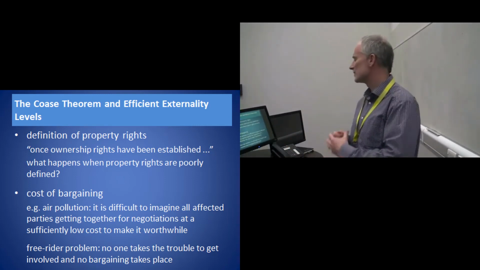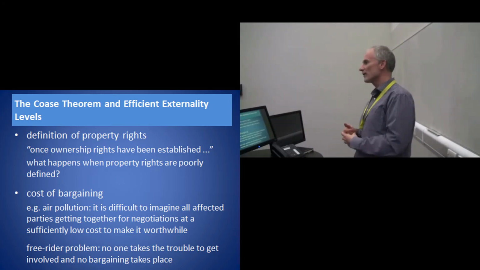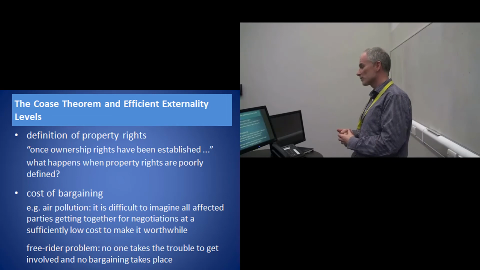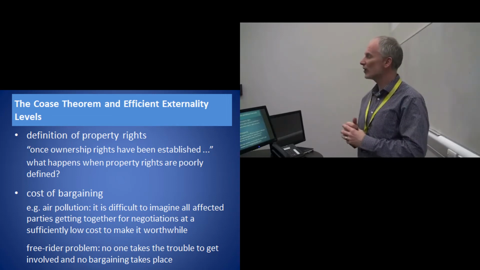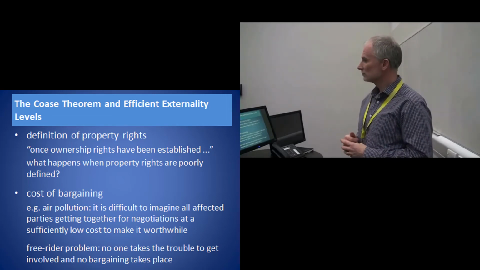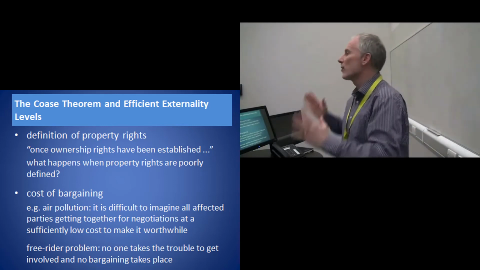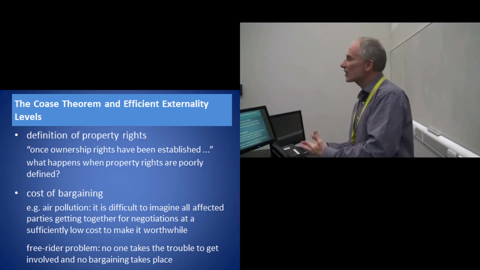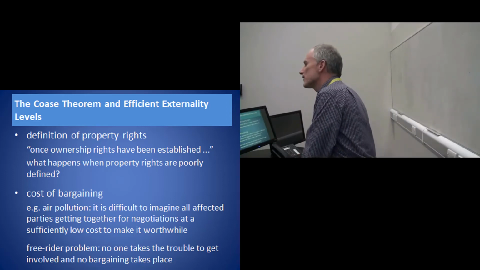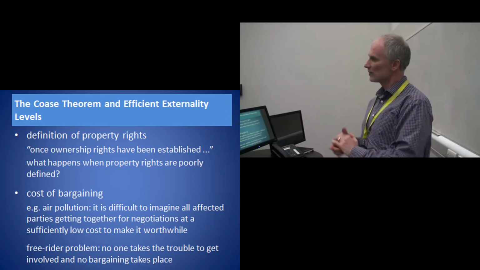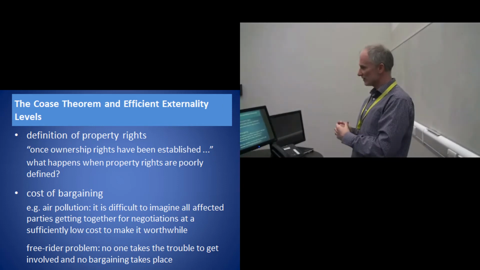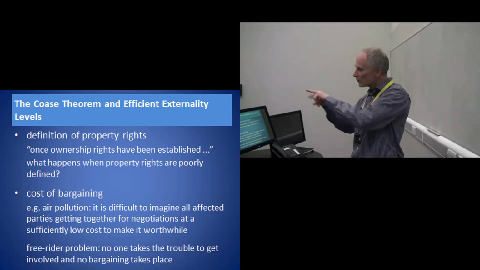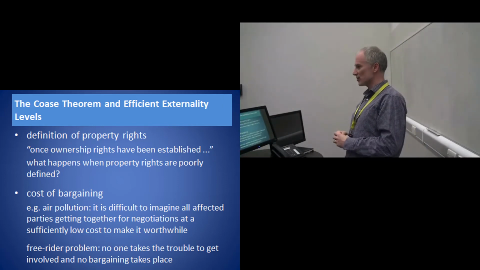Now, related to this is also the phenomenon called the free rider problem. Again, think of that scenario of air pollution. Even if property rights were clearly defined, even if the costs of bargaining were sufficiently low, let's think about you as an individual. Would you want to get involved in the bargaining process?